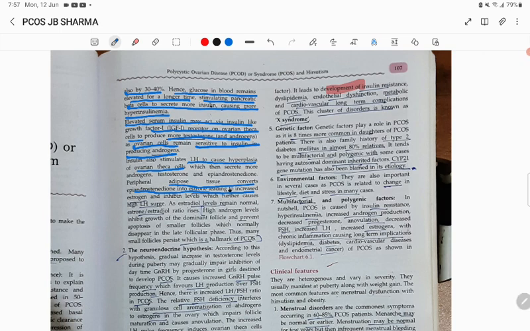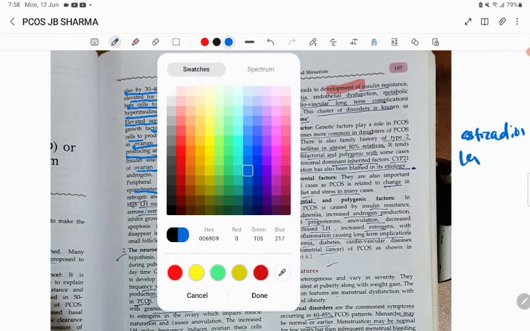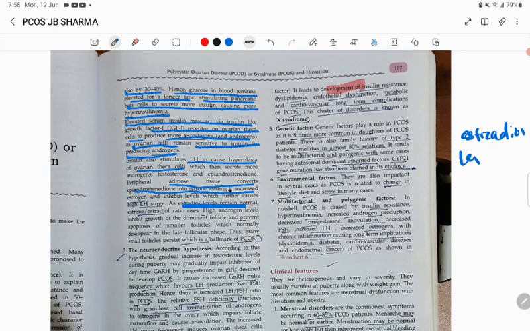The estradiol level remains normal, but estrone is increased.